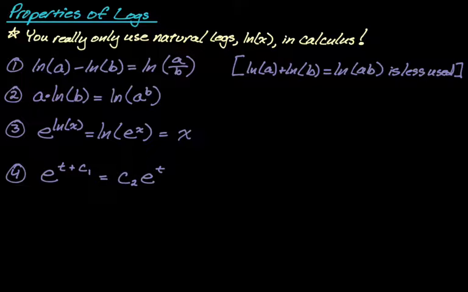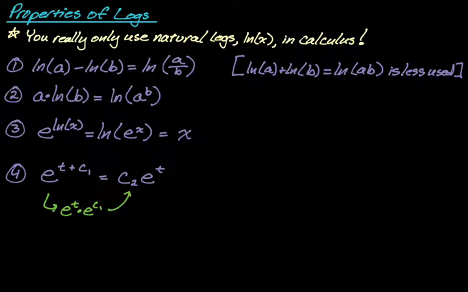Now, why is this the case? It's properties of exponents. So e to the t plus c1 is e to the t times e to the c1. But what is e to the c1? It's just some number that you don't know, right? So that, I think, is a lesser known property that I think is important. So I threw it in here.